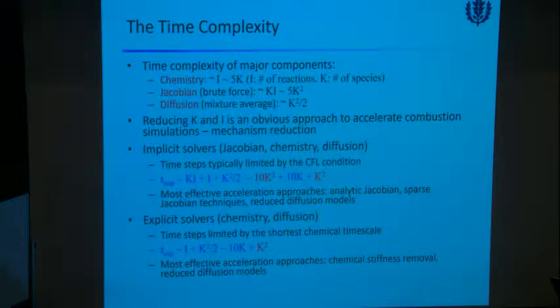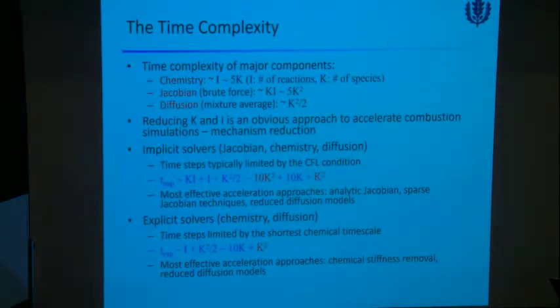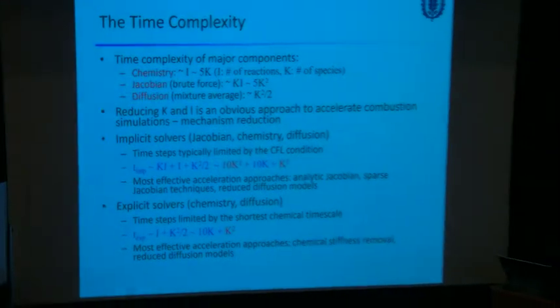And then, in addition to this, you need to compute the diffusion term. Diffusion is basically a binary collision process. So diffusion is intrinsically happening through molecular collisions. So intrinsically, the diffusion process is pairwise. If you have n species, you need to evaluate the diffusivity of an n square matrix.